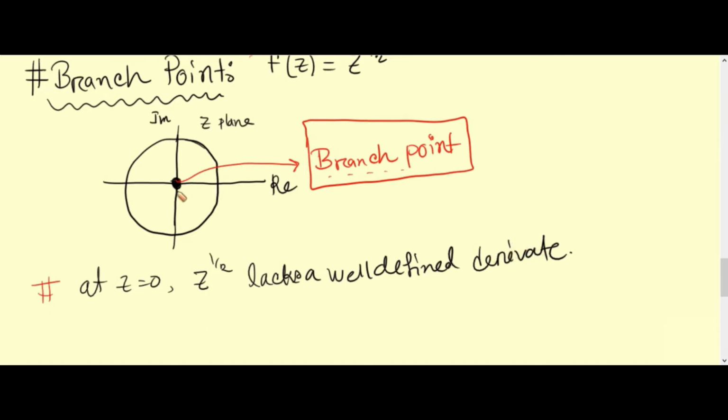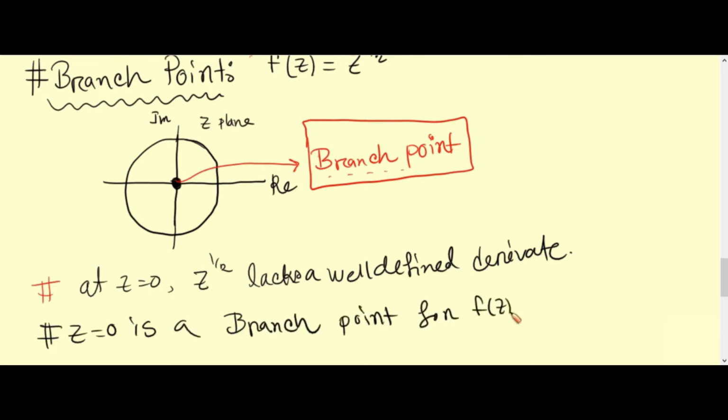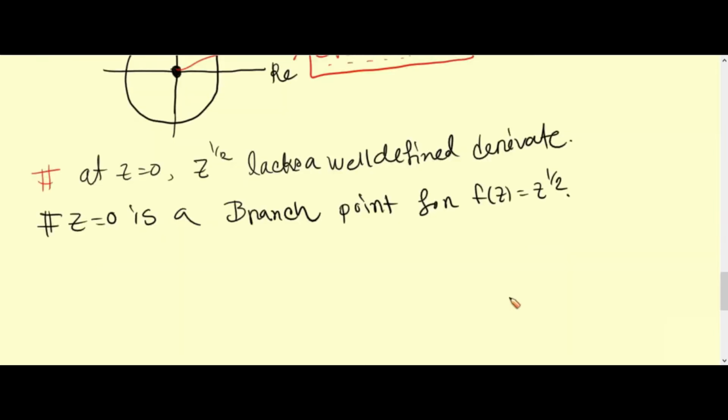So this z equals 0 over here is a branch point for f of z defined as square root over z. And after that we also want to write that z equals infinity is also a branch point for f of z defined as square root over z.